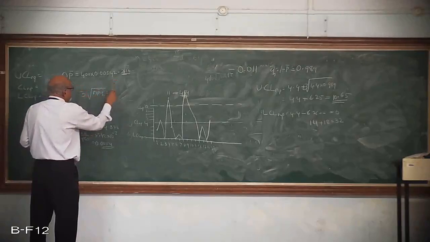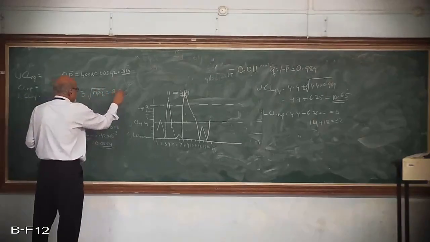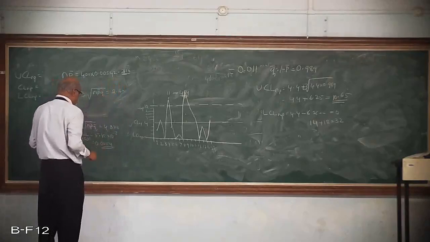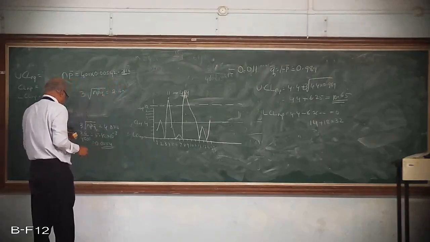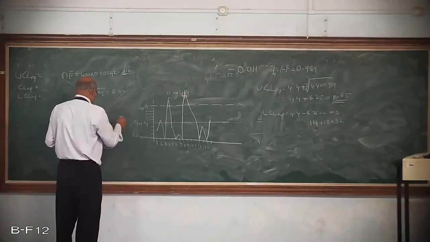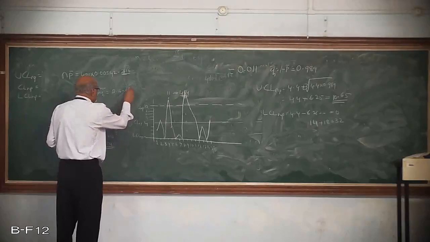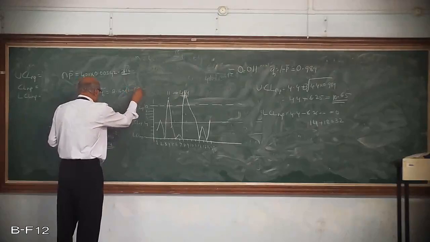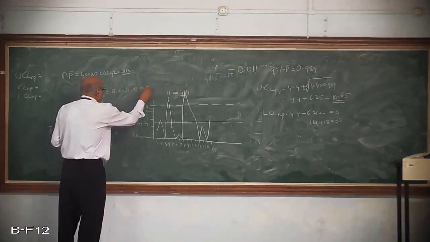So NP bar is 2.16. Q bar is 1 minus 0.0054.